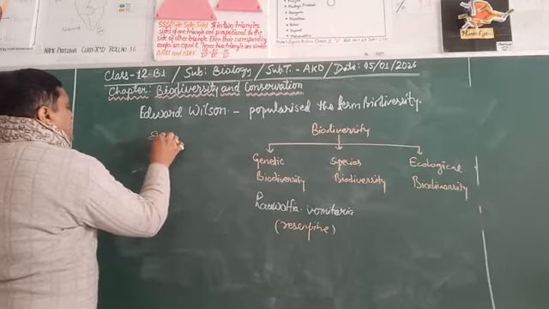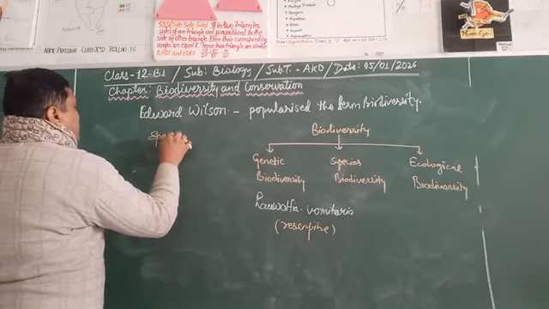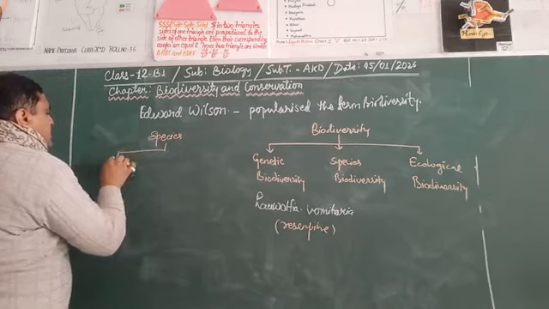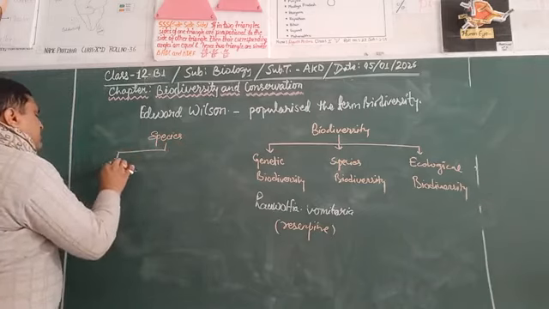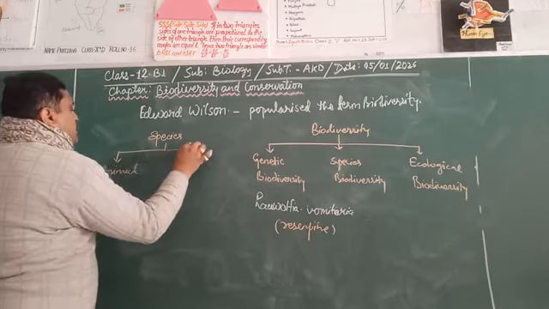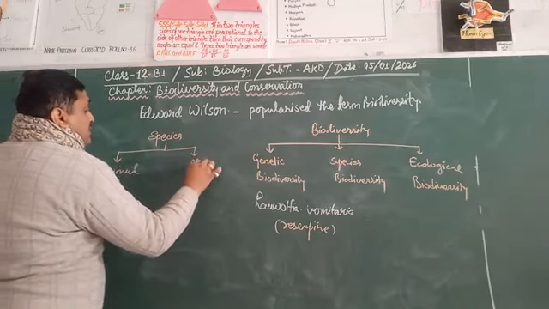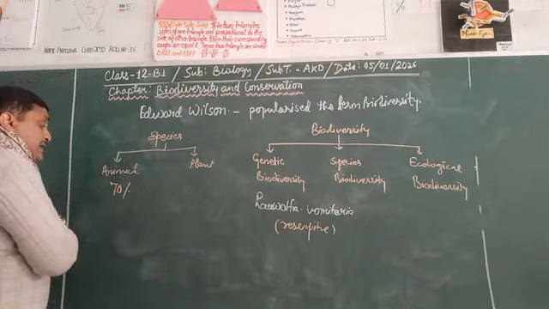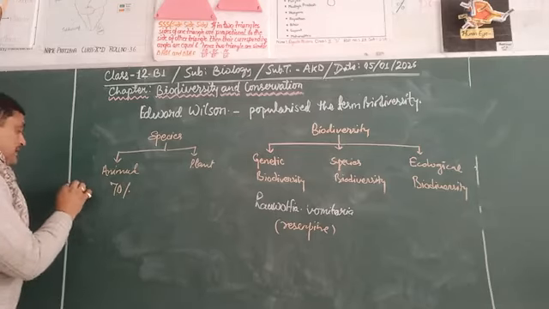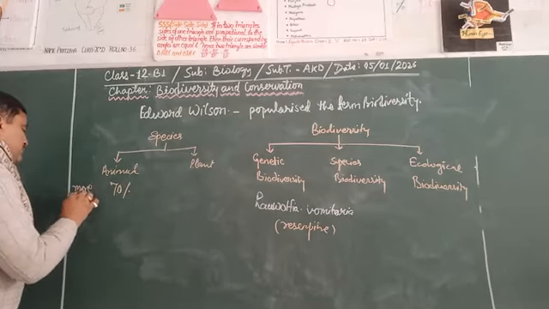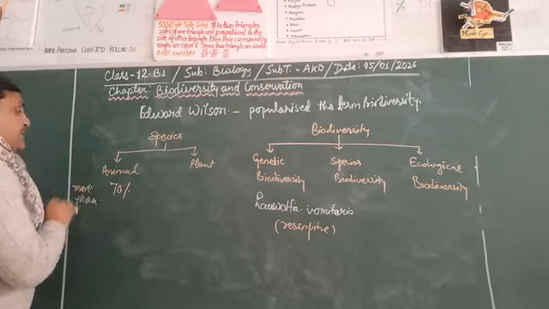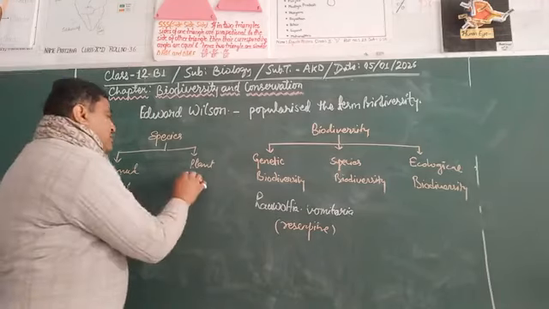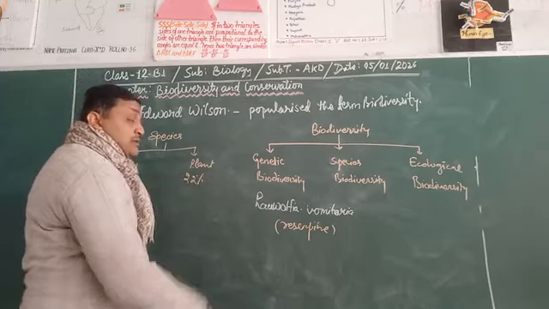If we talk about species, first the animal species and then the plant species. More than 70% are animals, and only 22% are plants.